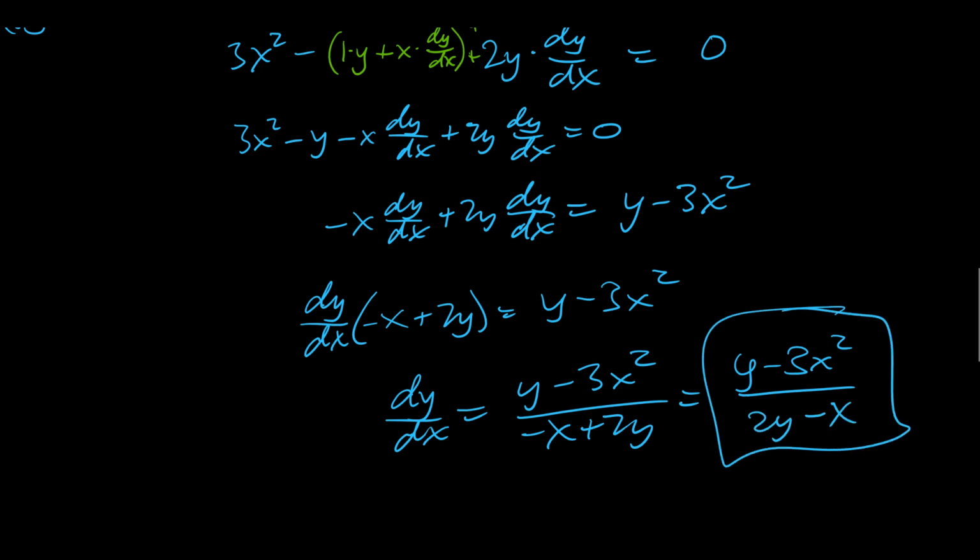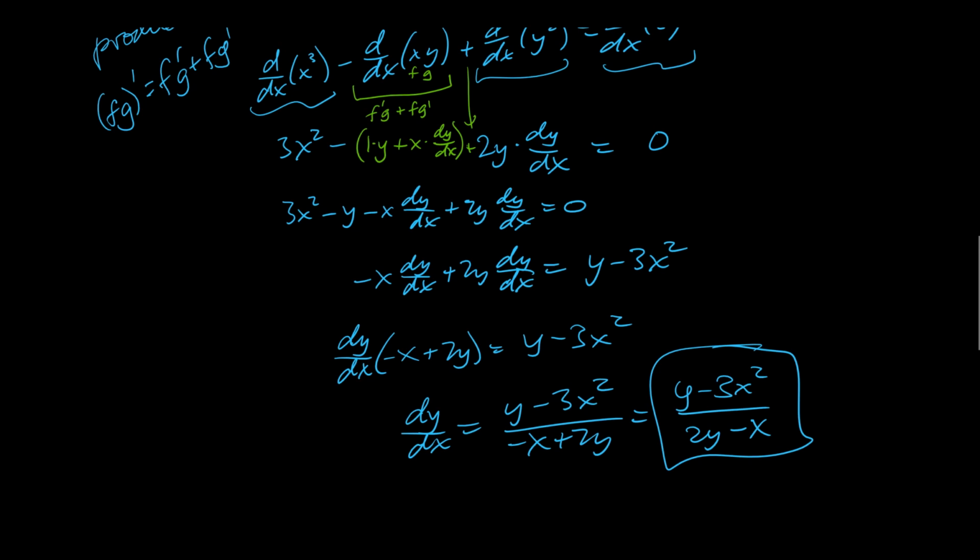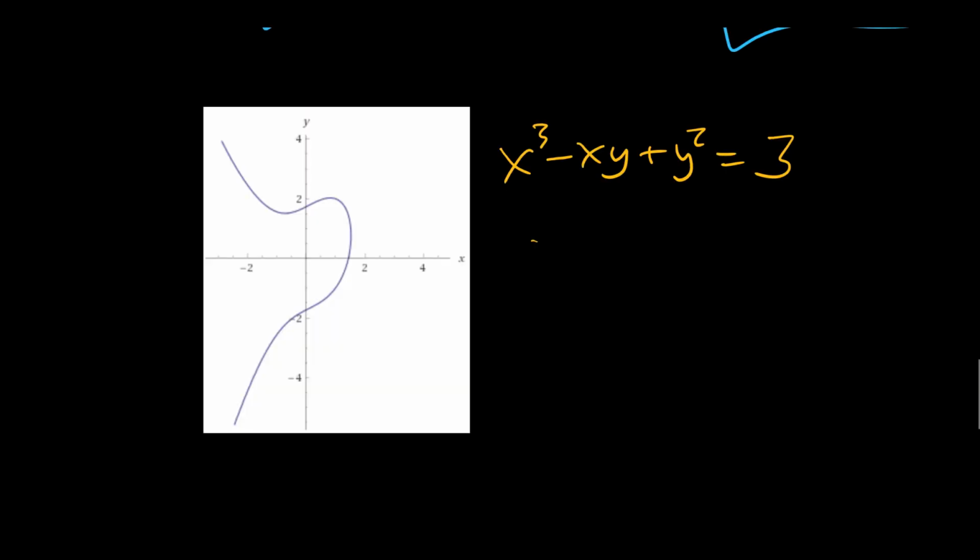That's dy dx. So let's go back up and see what's going on with the graph. All right, so here we are. We may have a question: what's dy dx at 1 comma negative 1? So at 1, negative 1, over 1, down negative 1.